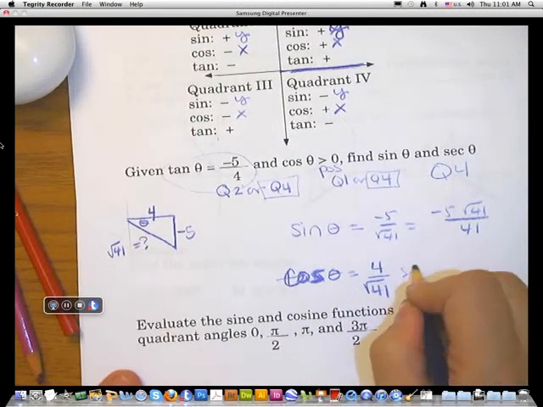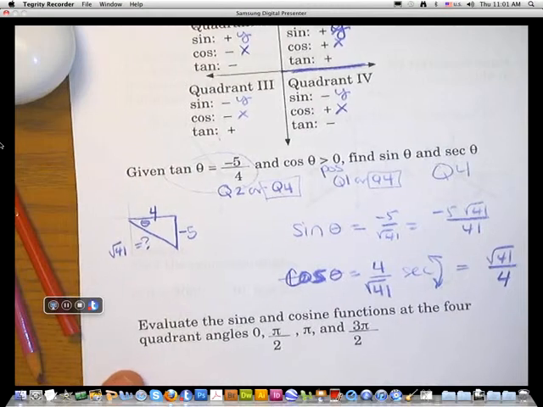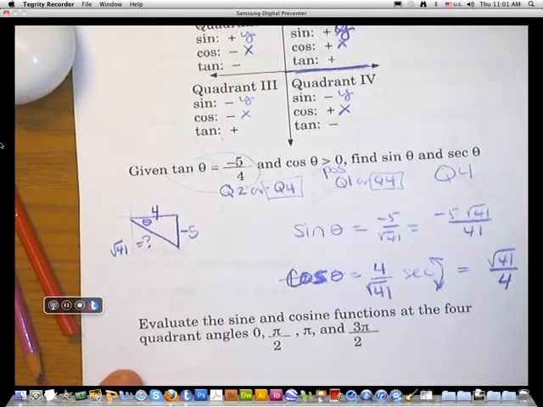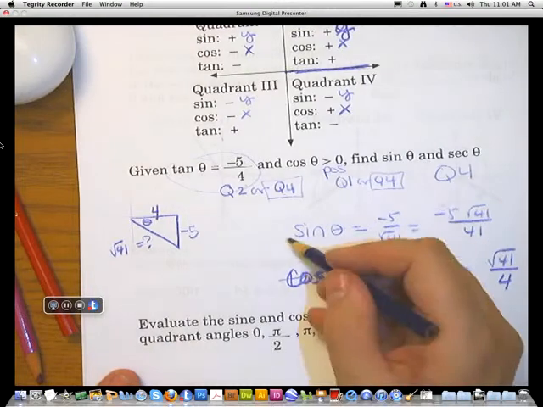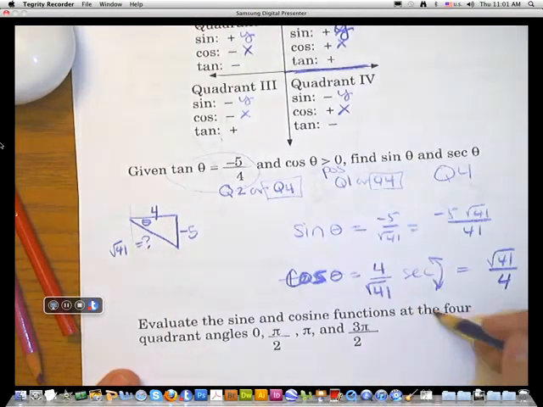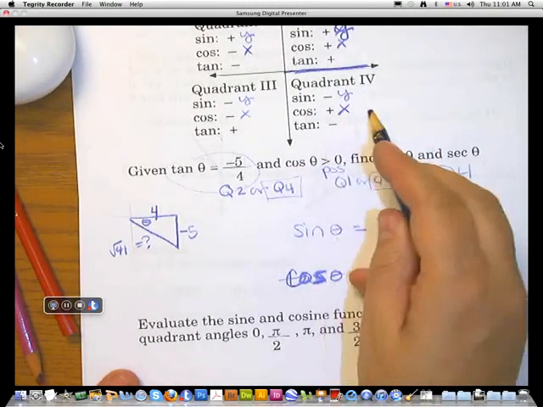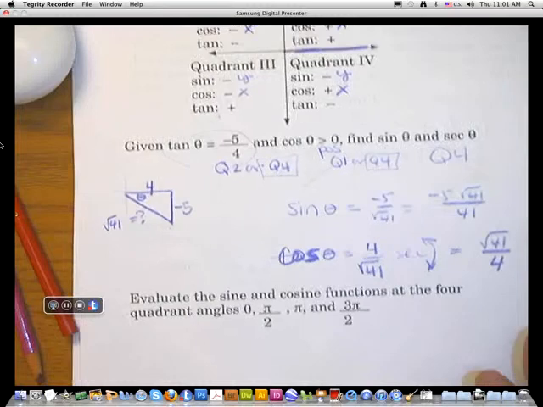And then secant is the reciprocal of it. So square root of 41 over 4. Make sure you're careful of your signs. Sine is negative in quadrant 4. Secant is the cousin of cosine, so if cosine is positive, the cousin is positive.